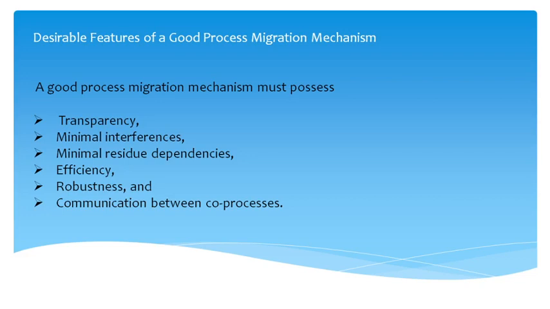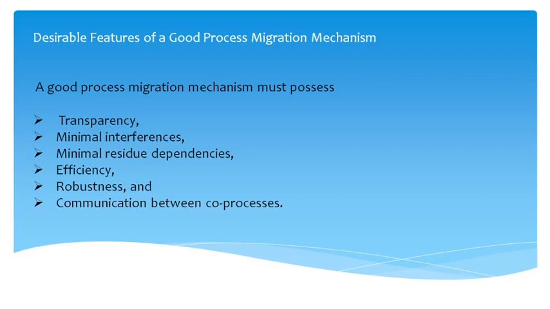We can do it on a preemptive basis or a non-preemptive basis. And the other thing is, what are the desirable features? With what features will this process migration mechanism go in a smooth way? If it has transparency.